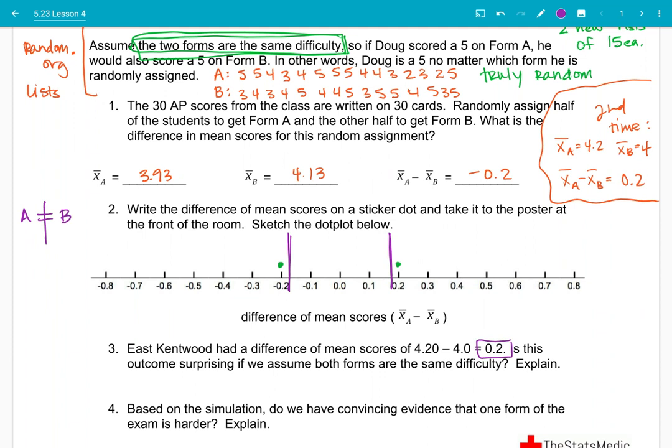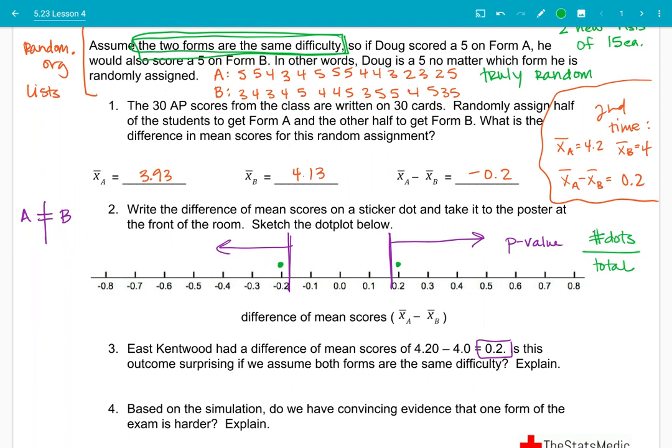So if we're just trying to see the difference, then we would count all of these dots on both directions to calculate our p-value. It's going to be those number of green dots out of however many dots we had total. Okay.